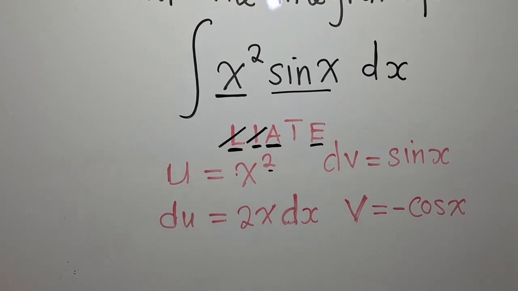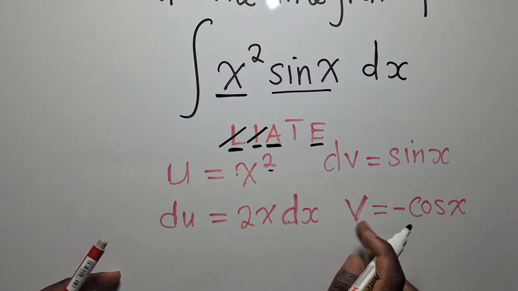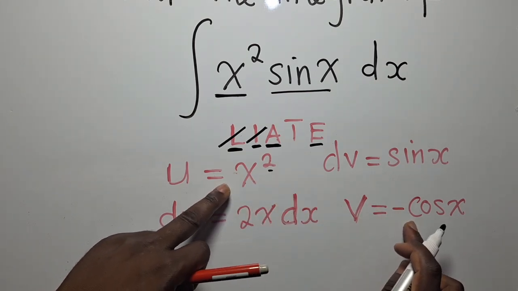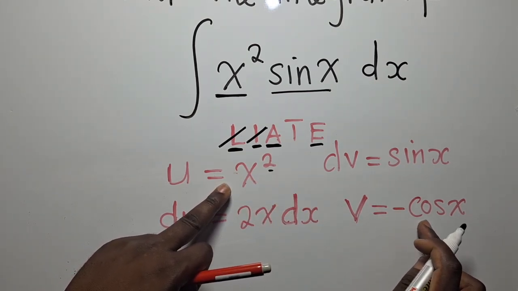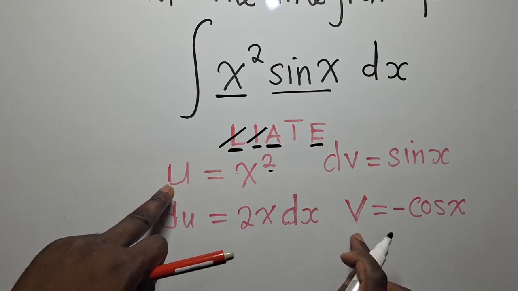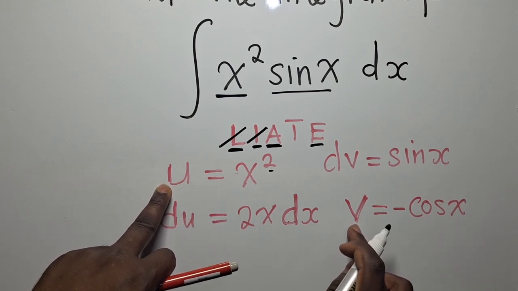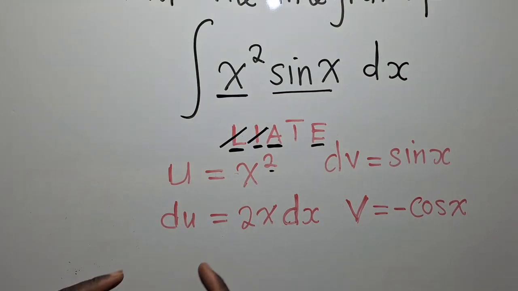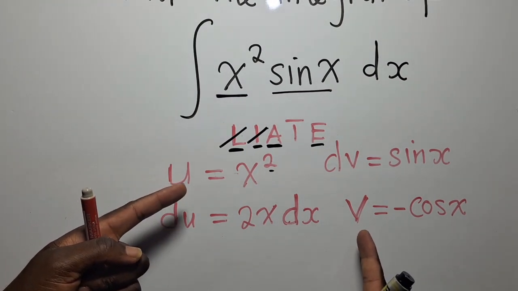After getting these things, you multiply them. x squared times the negative cos x. We are multiplying u times v, remember, because we're using the by parts method. I just wanted you to understand the concept, how it moves.